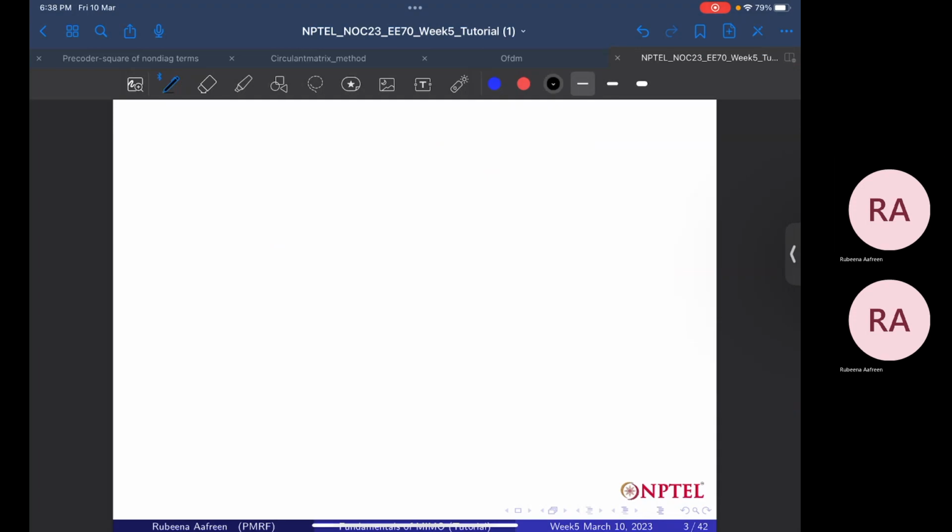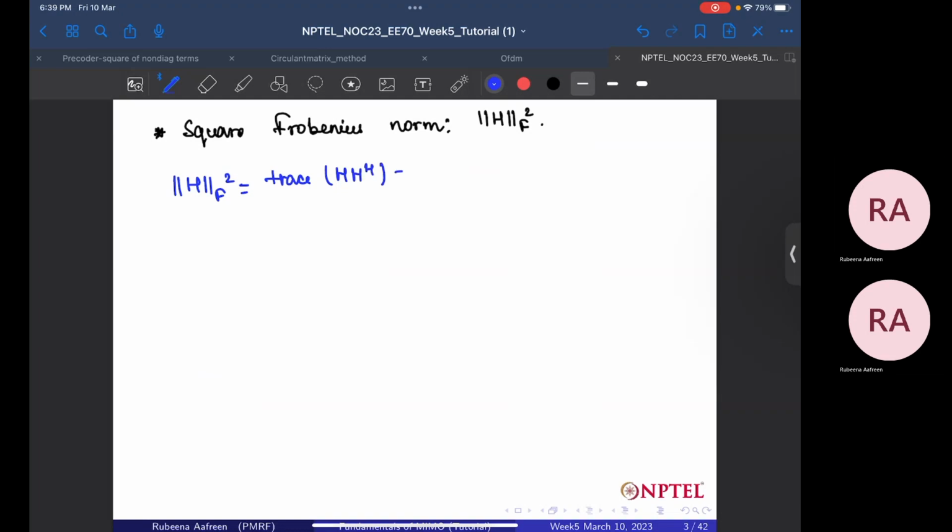Now moving on to square Frobenius norm. Square Frobenius norm is given by ||H||_F squared, and this is equal to trace of H times H Hermitian, which is equal to the sum of all the terms, so i equal to 1 to mr, j equal to 1 to mt, of |hij| whole square.